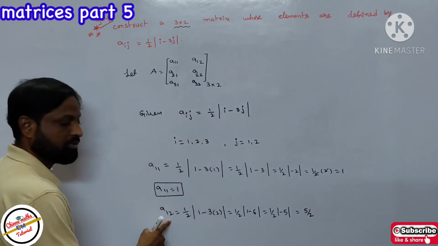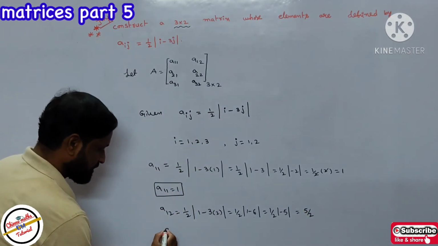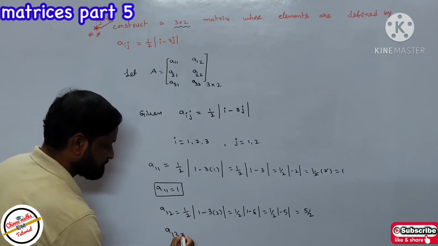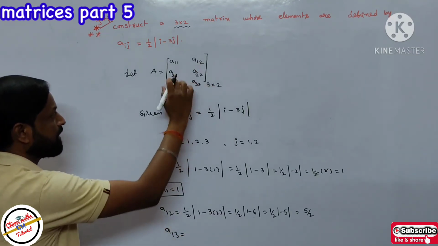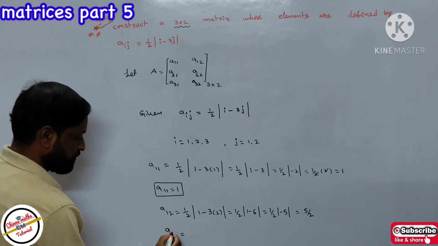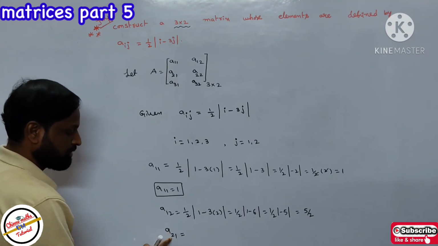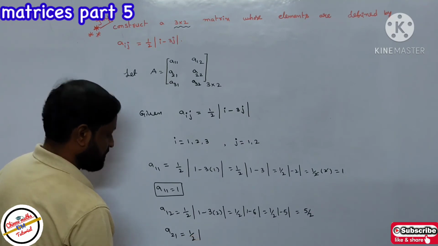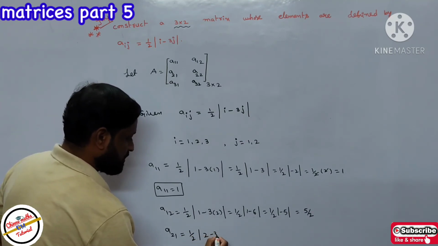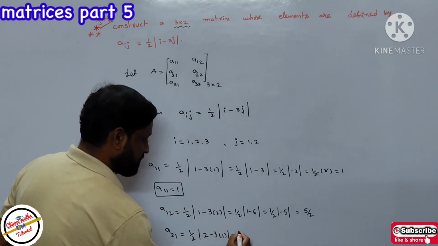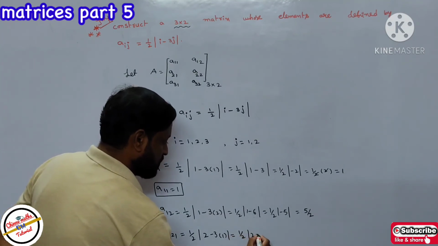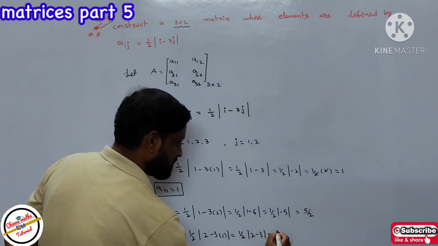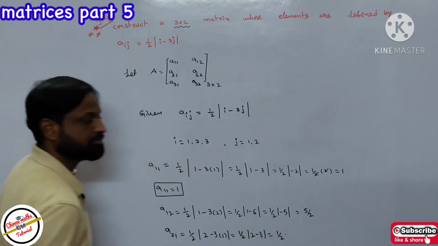That is the value of a12. Next, a21: i equals 2, j equals 1. So 1 by 2 into mod of 2 minus 3 into 1, which is 1 by 2 into mod of 2 minus 3. Directly we write 1 by 2.